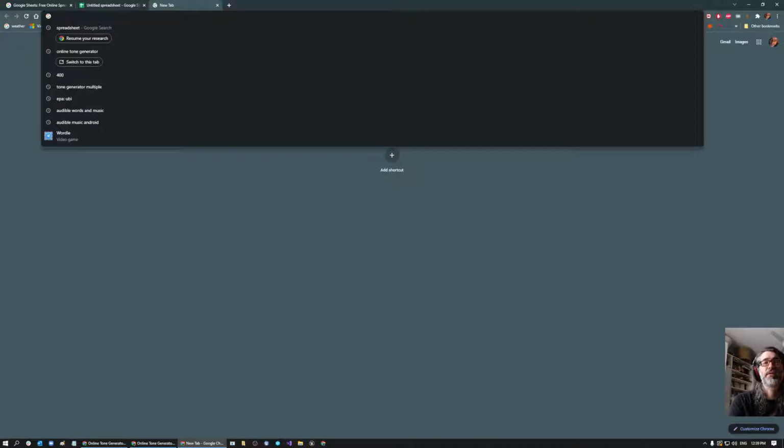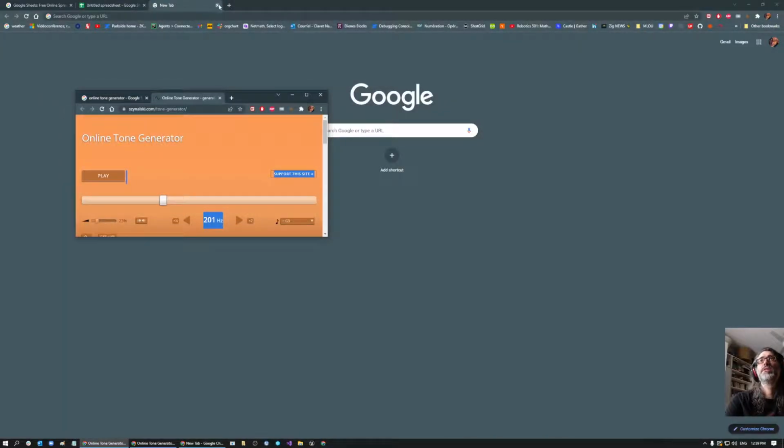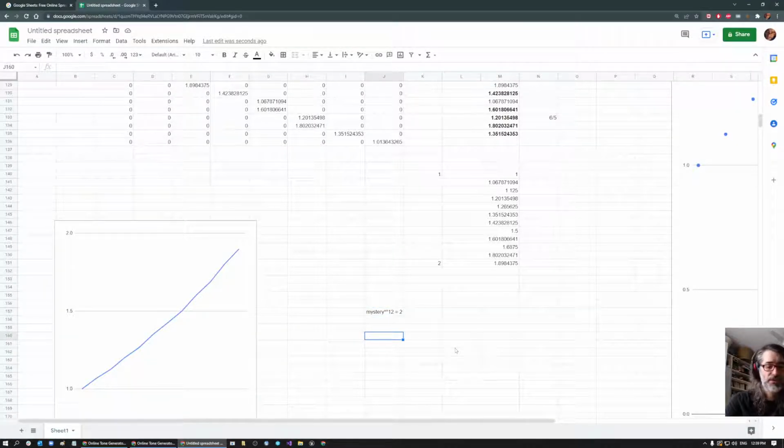I'm in the spreadsheet, so is that a thing? No, it's power. It's exponent, and exponent is this little symbol. So I'm going to say 2 to the, this, I guess.